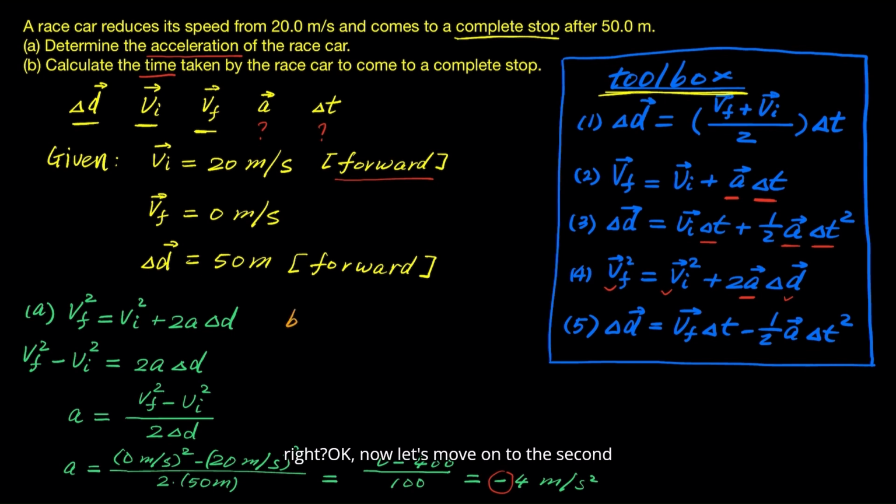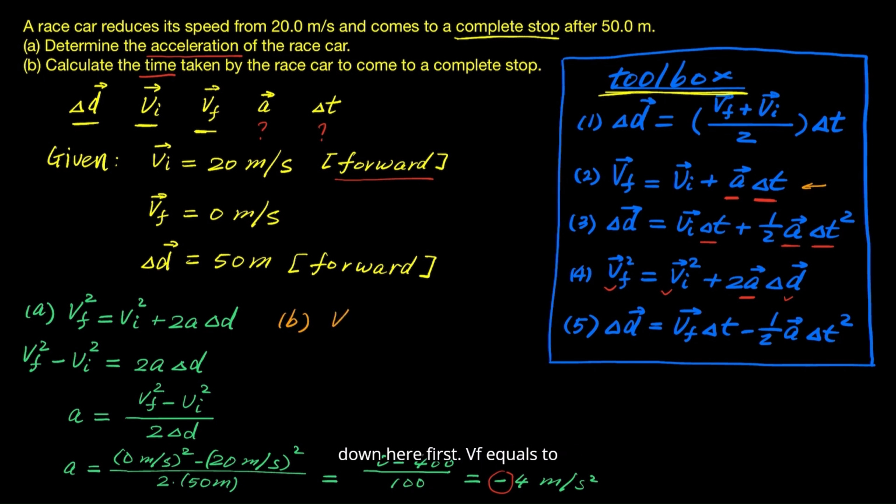Now let's move on to the second part of the question, finding the time, delta t. Since we've already calculated the acceleration, the time is now the only unknown variable. This means we can use any formula as long as it contains delta t. So let's just use the second one, which looks straightforward.